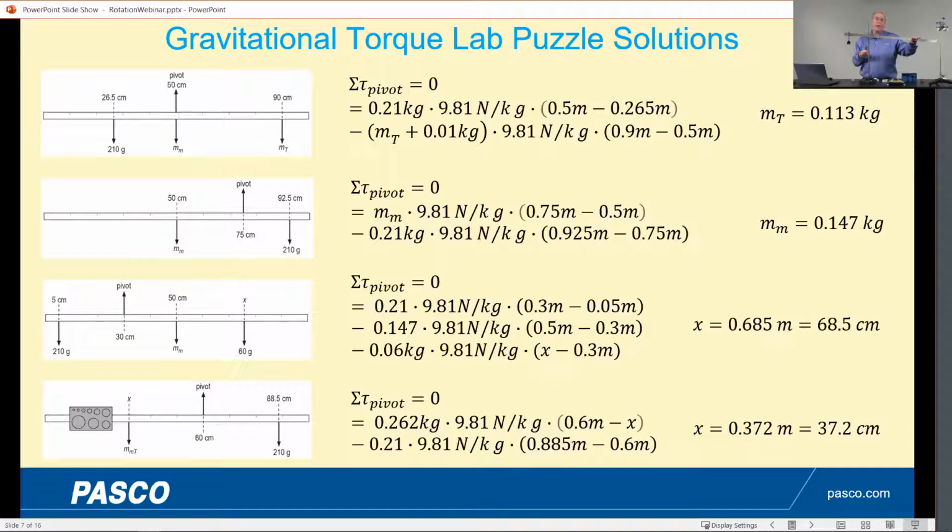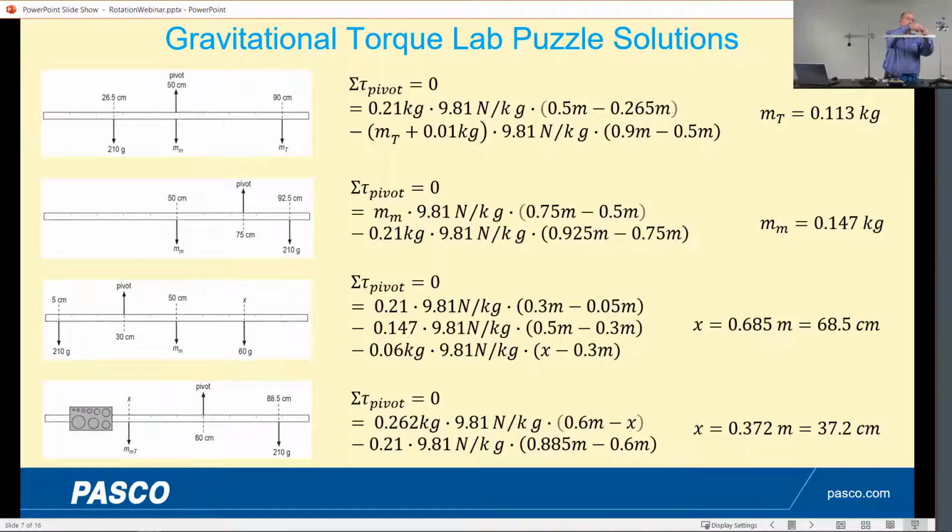So in this one, they calculate first before they balance, and then they decide where to put it. And so in the equation here, when I solve for that unknown, I got 68.5 centimeters as the location for the 60 gram mass.